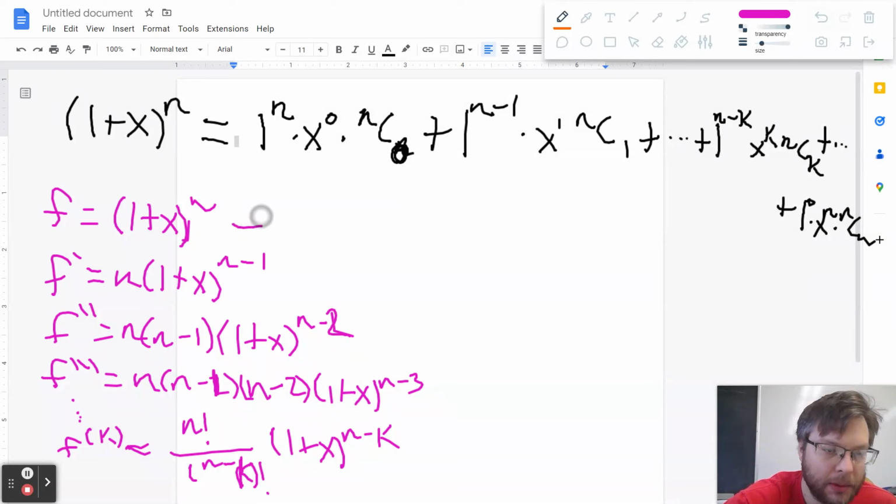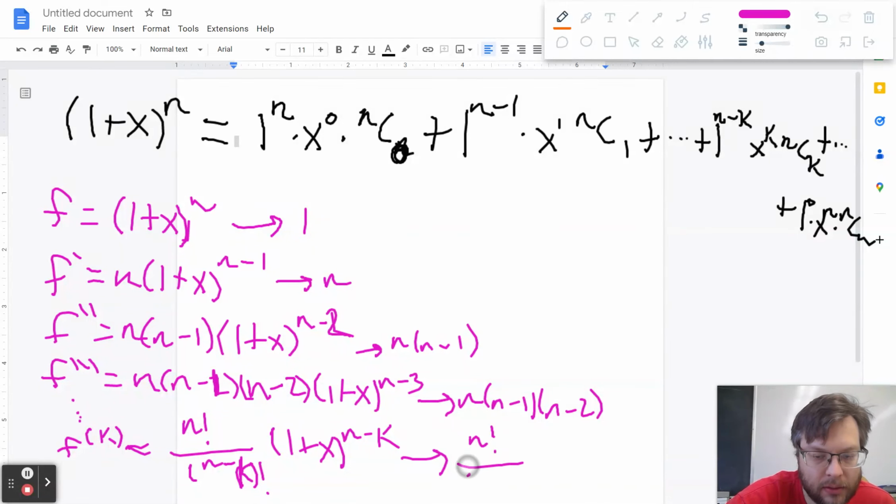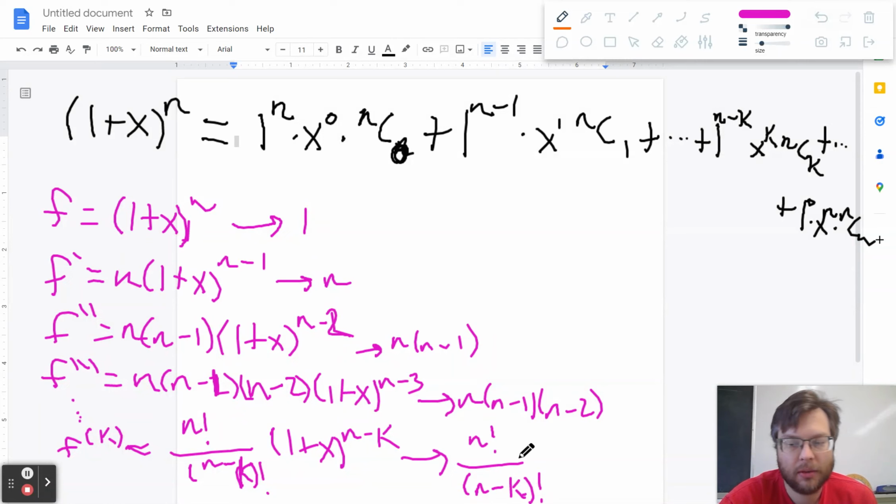Remember, the next thing that we do is we plug in 0 to all of these. So we get 1, n, n times n minus 1, n minus 1, n minus 2, and here n factorial over n minus k factorial. Now, Maclaurin series says those are your coefficients.